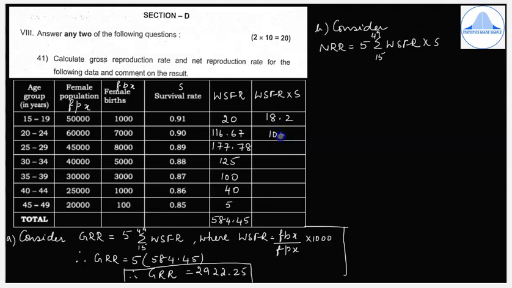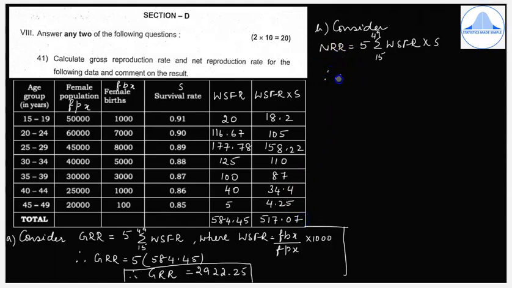Next is 105. Then 158.22. Next is 110. Then you have 87, 34.4, 4.25. And when we add up these values, we'll get summation WSFR into S as 517.07.